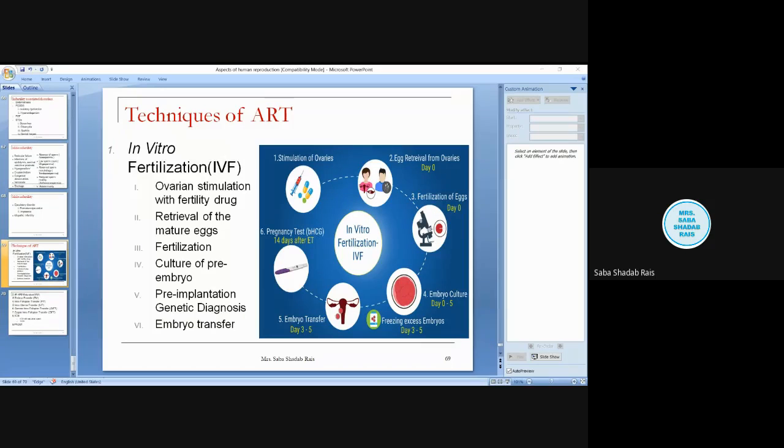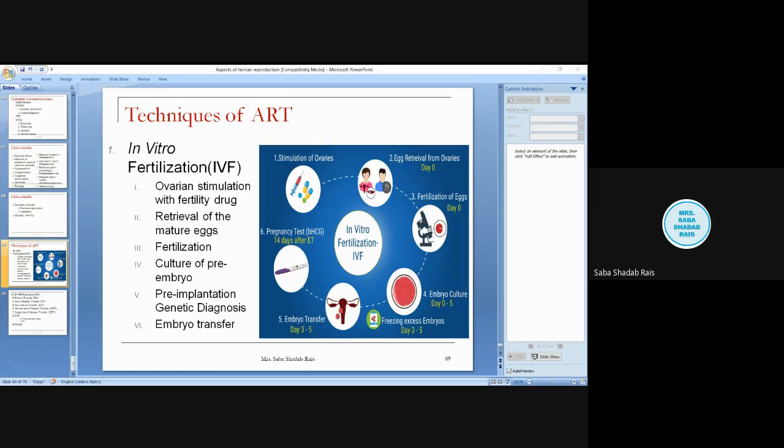Now sperm has been collected, egg has also been collected, both are transferred into the culture medium inside the glass tube, or you can say any type of petri dish like these laboratory tubes they are using, and in that they are keeping it for 6 hours, and after 6 hours 2 pronuclei can be observed in that glass tube.